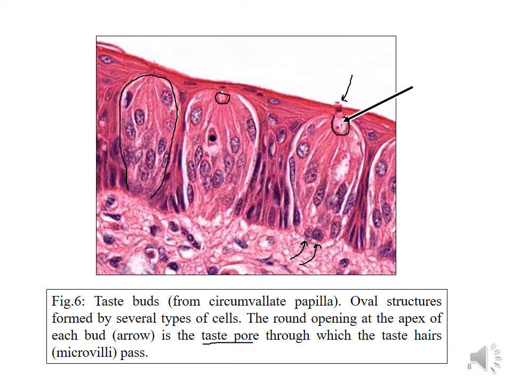The taste hairs are actually microvilli of the gustatory cells, and these are the structures that are responsible for detection of the various chemicals found in this region to produce taste sensation. So, taste buds are oval structures with different types of cells. They have a round taste pore through which taste hairs will pass.